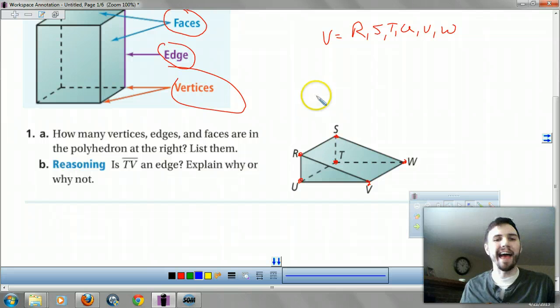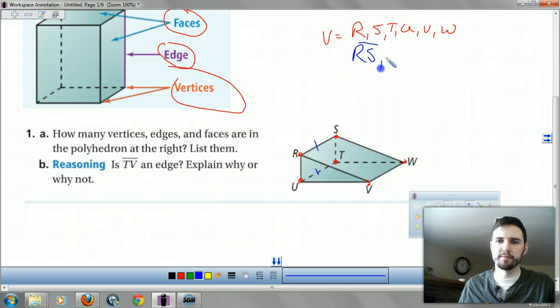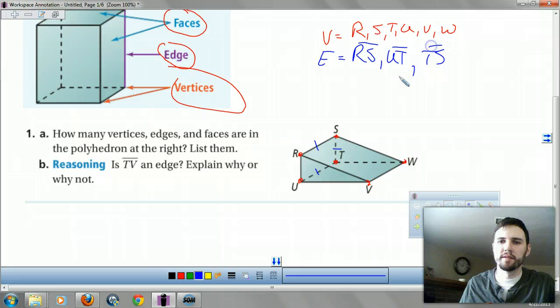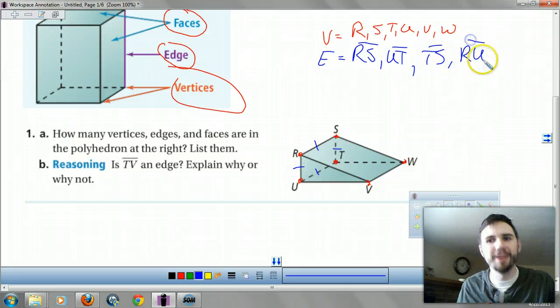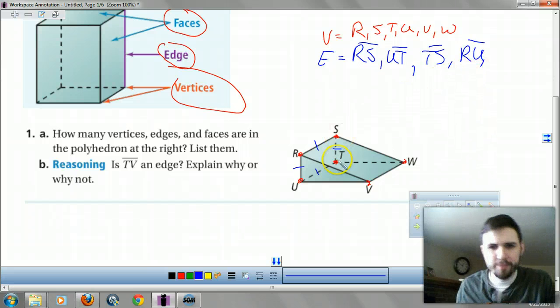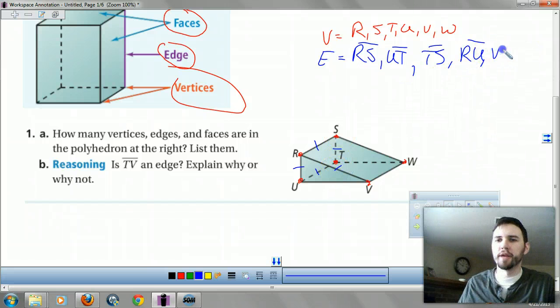How many edges? Well, we have RS, UT, TS, are you listening? VR, virtual reality.